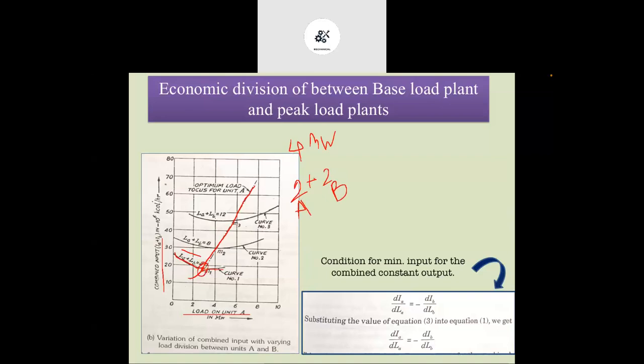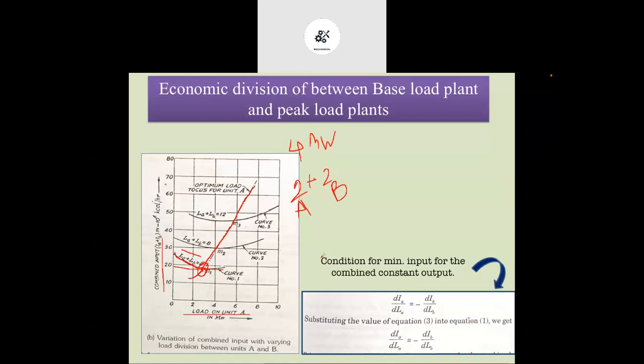Consider you divide this 4 megawatts into 2 plus 2 megawatts. 2 megawatts are given to A and 2 megawatts to B. In that case, this will be the curve. This particular point, where minimum input is required, is the point where we get the maximum overall efficiency.